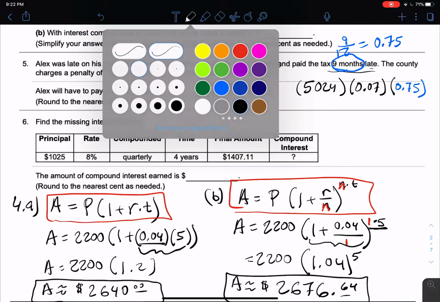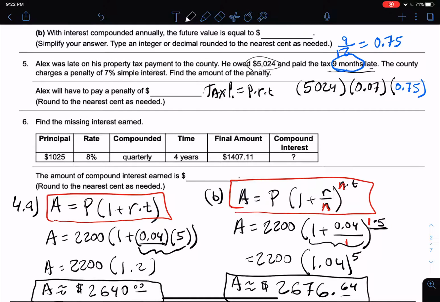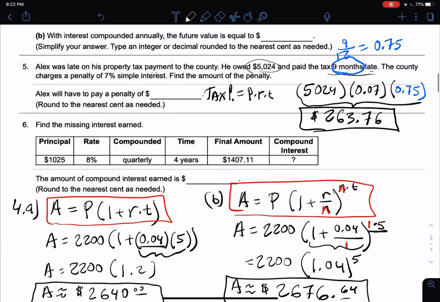Would get us to the same answer. So when you multiply all this together, the penalty is going to be $263.76. Those penalties are such a pain because, if you paid it on time, you would have that money, right?